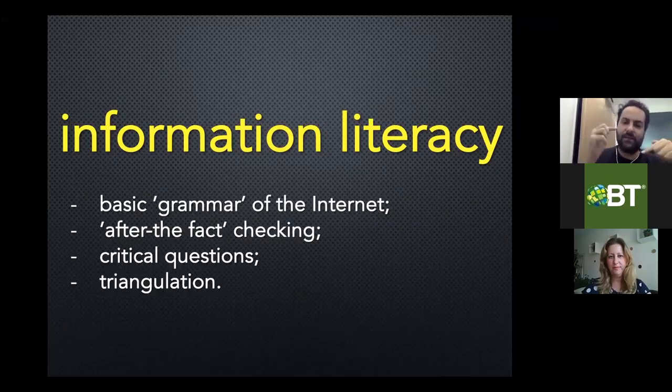We can get students to discuss their impressions about what they read, for instance. We can do some after the fact checking. So if we are working with this advertisement, for instance, which says that you can lose 10 kilos in 5 days, it's a silly example, but anyways.